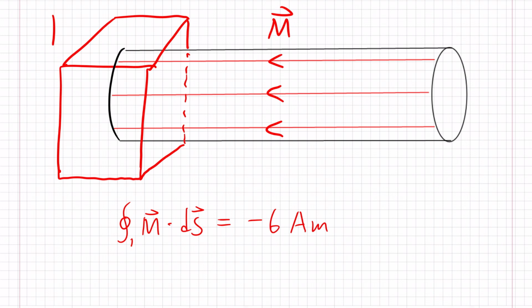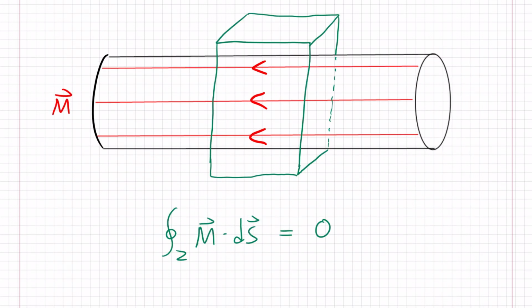To start, we determine the direction of the magnetization. Because of the minus sign, the magnetization is pointing in the negative x direction, opposite to the direction of dS.